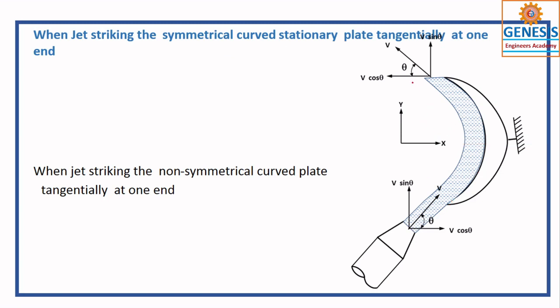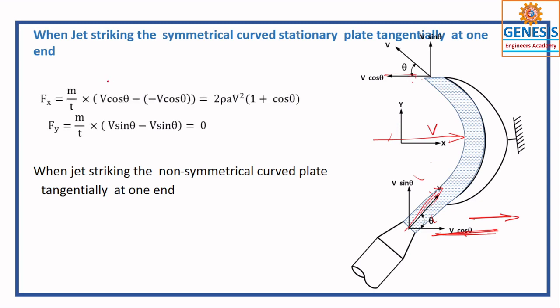Okay, so in this case also same thing, theta, theta, theta, theta. In the previous case, it is striking like this, in this direction. But here, the velocity is v. So in this direction, the component is v cos theta, that is moving towards this one, and this is towards left as in the previous case.